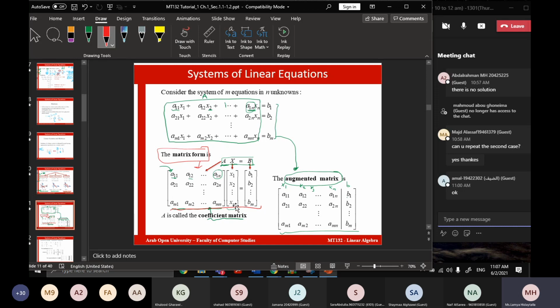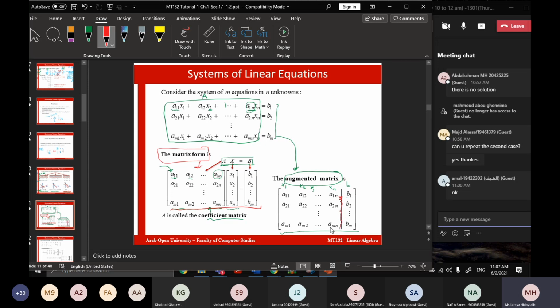Just put this data, separate it by a line, and then put the constants here. So this we call the augmented matrix. Clear? Sometimes he may not draw this line. Could it happen? Yes.